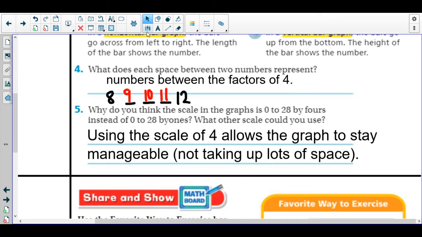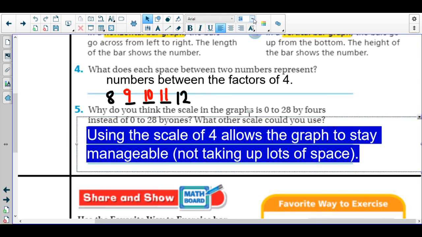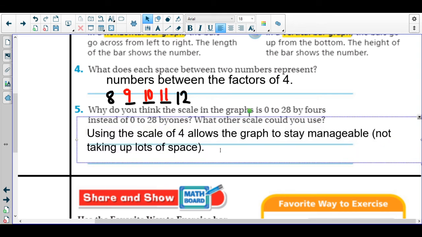So the other part of this that you could probably put, and let me go ahead and make this just a tad bit more manageable. You could also use a scale factor of 2.